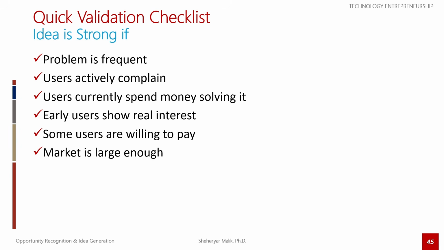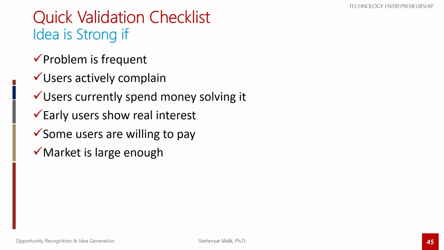So there is a quick validation checklist you need to see. An idea is strong if the problem is frequent, users actively complain, users currently spend money solving it, and early users show real interest, like you can see a clear interest among them, and there are users who are willing to pay, and the market is large enough.